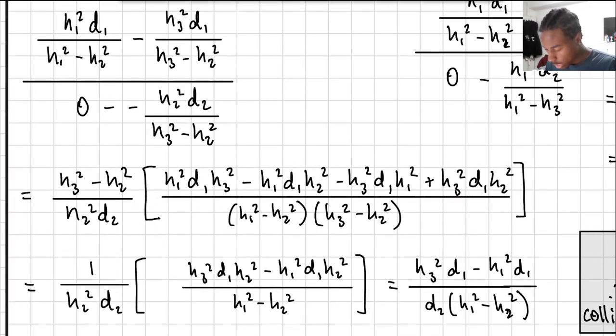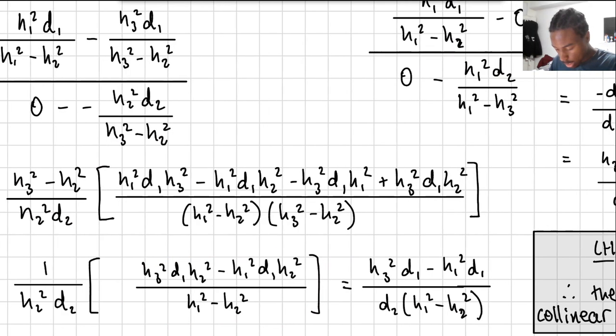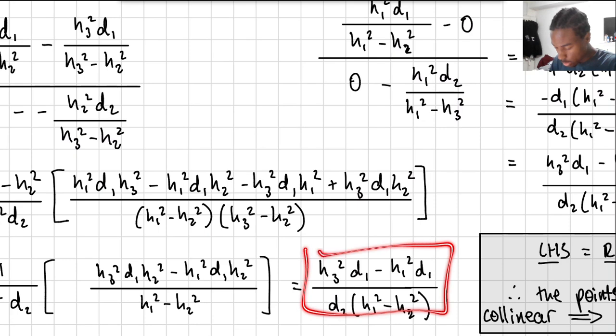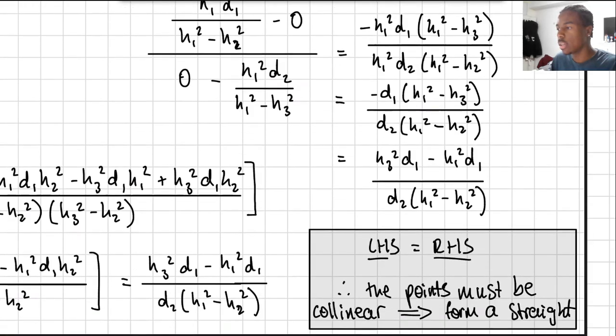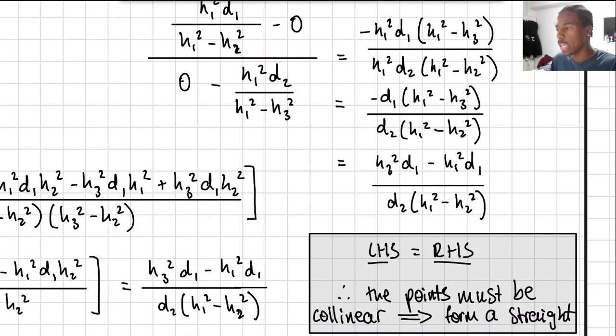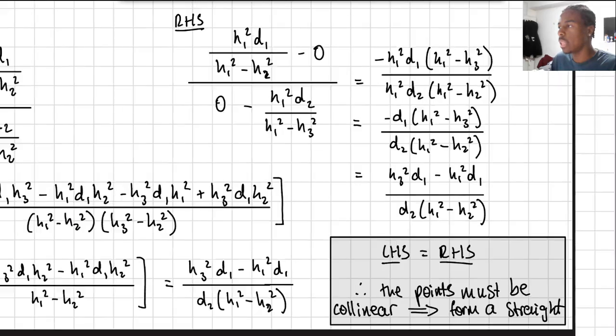I see that this cancels with this, and then we have this expression here, and then it simplifies to this here. And then likewise, this one's a lot easier. You might have to take out some minus signs so that things start flipping, and then you can do some cancellations. So that means the points must be collinear and therefore form a straight line.